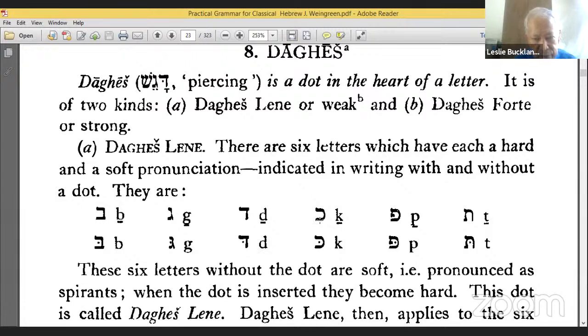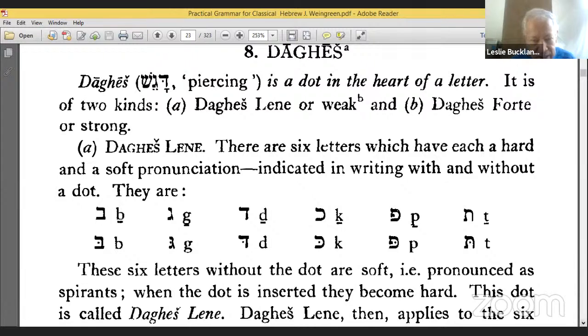Without the dot, Kaf is just a KH, but when the dot is put in the Kaf, it's a K sound. Without the dot, Fe is a PH sound, but when the dot is put in, it is a P sound. And the Tav, without the dot, it's an S or TH sound, but when the dot is put in, it's a T sound.